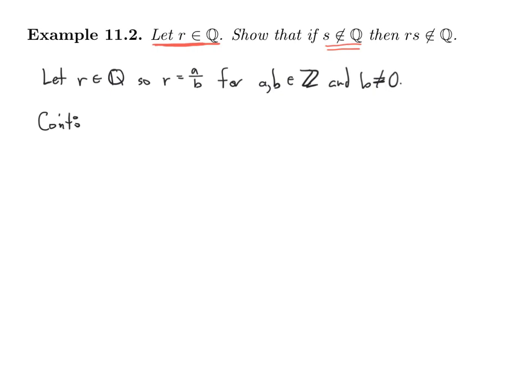So let's go ahead. If r times s is not an element of the rationals, so that means it is an element of the rationals, then s is not an element of the rationals, so is an element of the rationals. So this is what we want to prove. This is the contrapositive. We are going to assume that r times s is an element of the rationals, and we need to show that s is an element of the rationals.